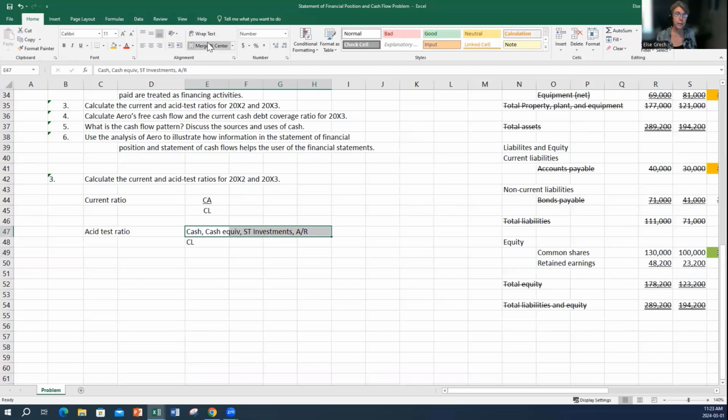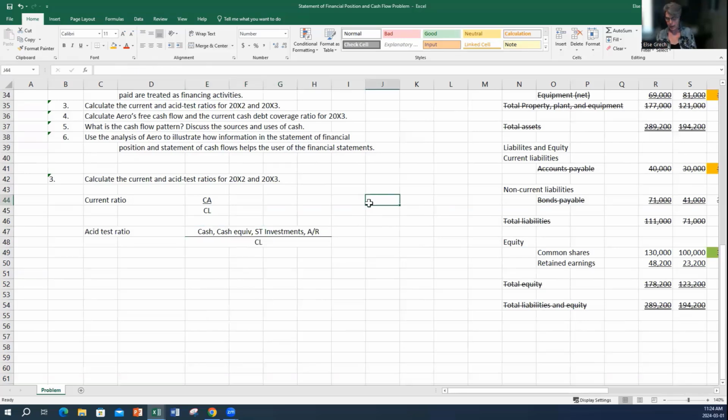Now, this is considered a more stringent measure of the company's liquidity. And the reason it's a more stringent measure is because we take out inventory, which might not be sold as fast as we think. And if we do sell it, we're going to sell it for liquidation value, which is going to be a lot lower than the actual value that we're putting on our financial statements. So this is a more stringent measure of liquidity.